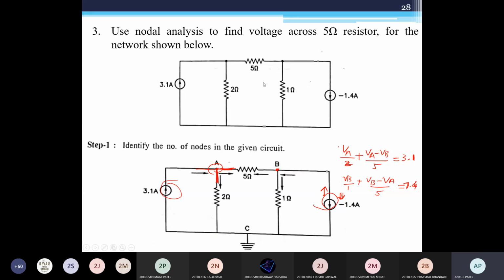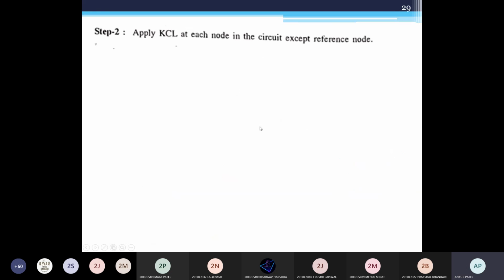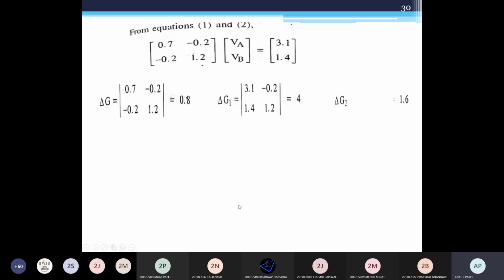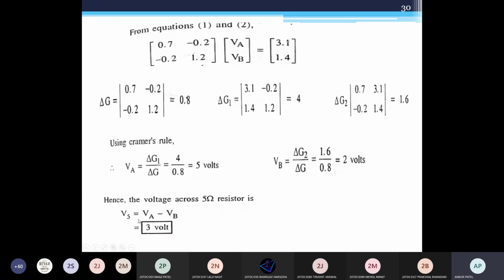Here VA equal to 5 and VB equal to 2, so V5 equal to VA minus VB. If VB is higher than VA, then you write VB minus VA. So this is your 3 volt voltage across the 5 ohm resistor, that is V5. I am giving one example for your practice purpose.